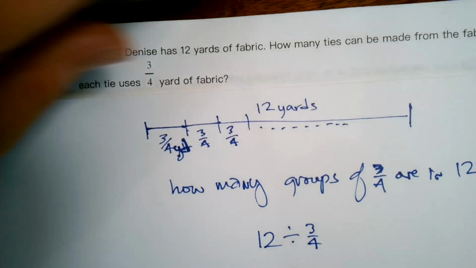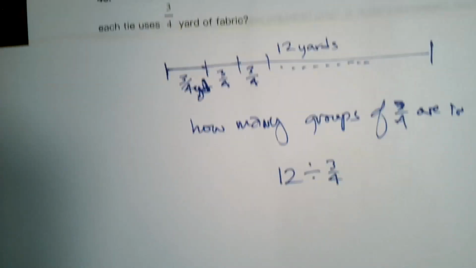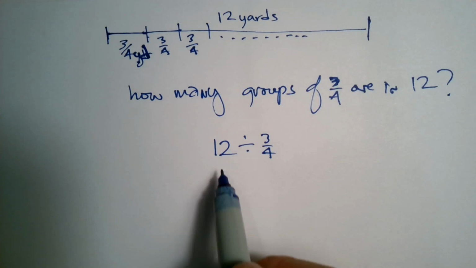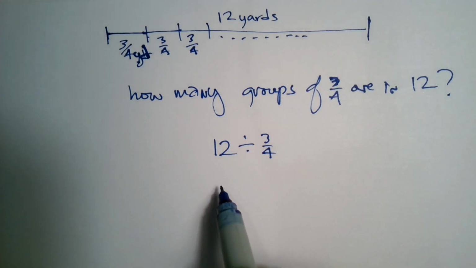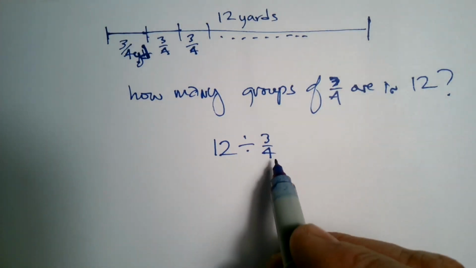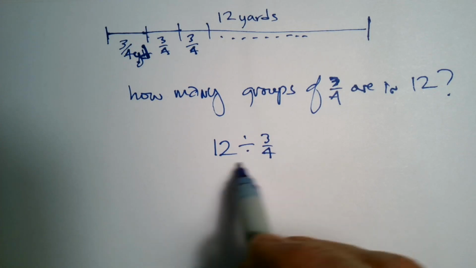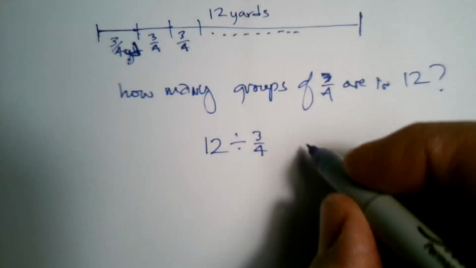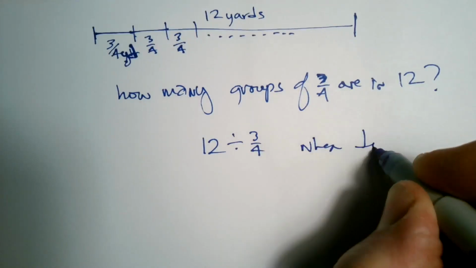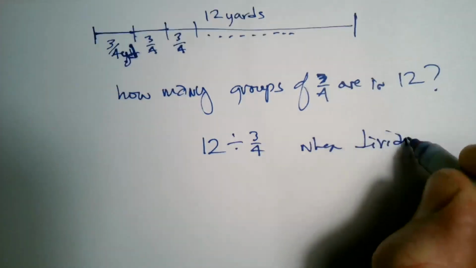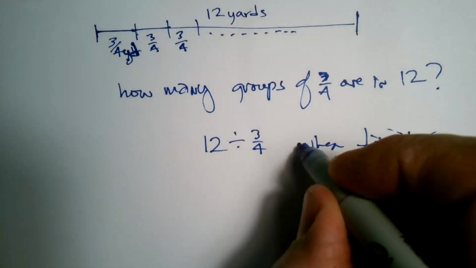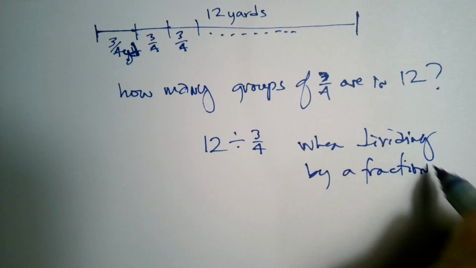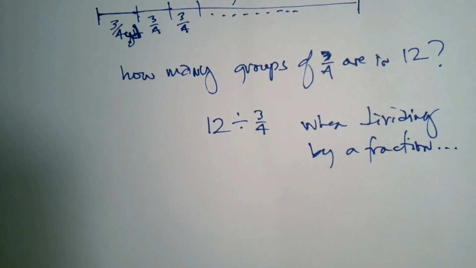So what's the next step? How do we do this? I'm going to show you that when you divide by a fraction, one of the processes is to multiply by a reciprocal. So when dividing by a fraction, what do we need to do?